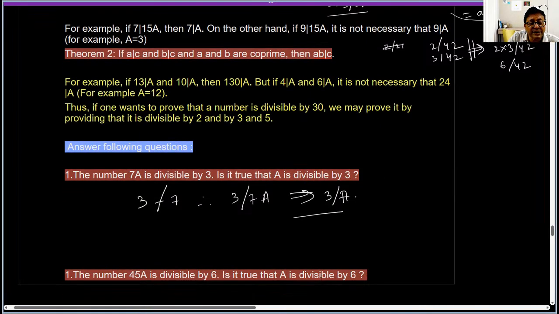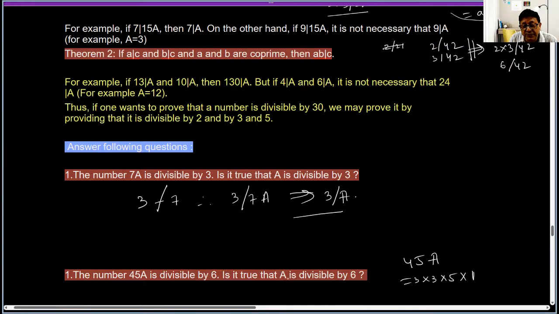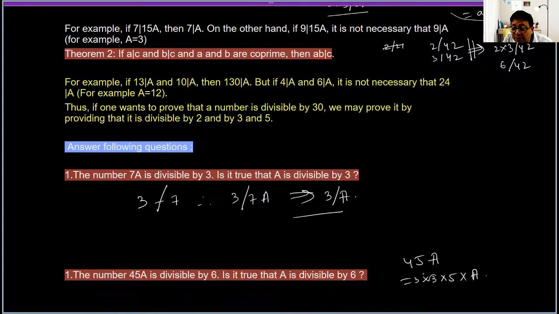You all understand? The number 45a is divisible by 6. Is it true that a is divisible by 6? No, because 45 has a factor. 45a you can write as 3 into 3 into 5 into a. So if it is divisible by 6, one factor you are already getting over there.